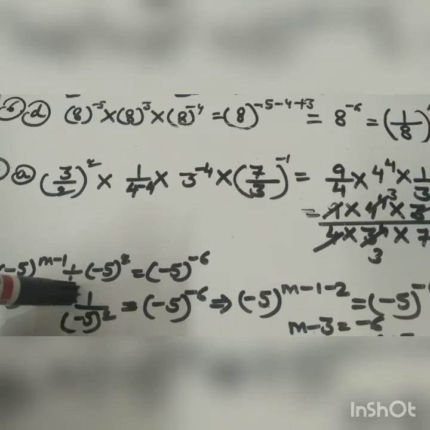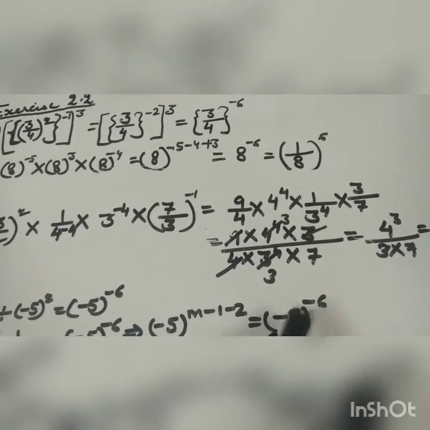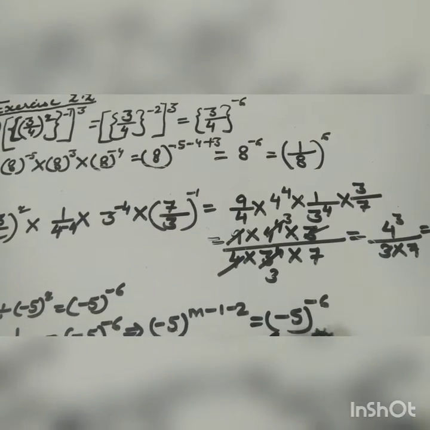So (minus 5) to the power n minus 1, change it to multiplication. So into 1 upon (minus 5) whole square equals to, this side you can't do anything, so (minus 5) to the power minus 6. Now this implies collecting powers. (Minus 5) to the power n minus 1 minus 2 equals to (minus 5) to the power minus 6.